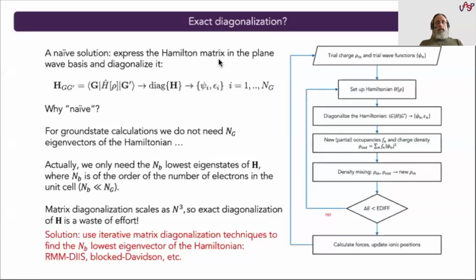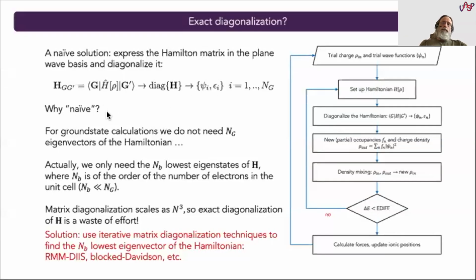You have heard this in a previous lecture, I hope, about the plane wave basis set and the criteria that determine its size. We can express the Hamiltonian within this basis, so it's a matrix of G and G prime. Then we diagonalize it and we get NG, the number of basis vectors, solutions, eigenstates and eigenvalues to this problem. So why do I call this a naive solution?